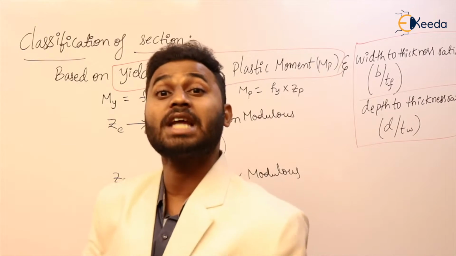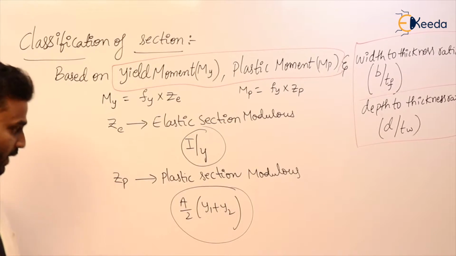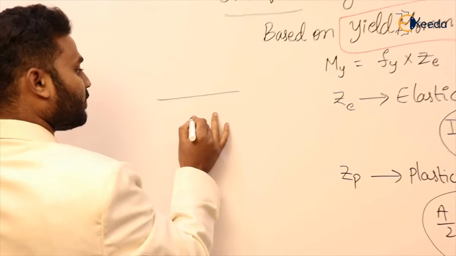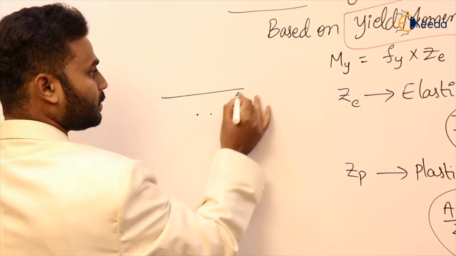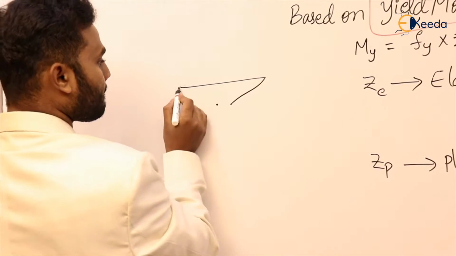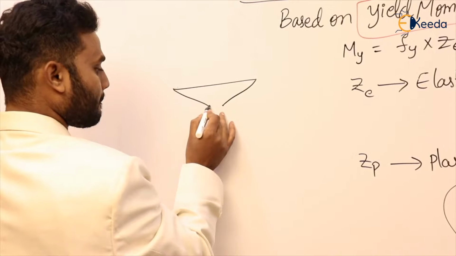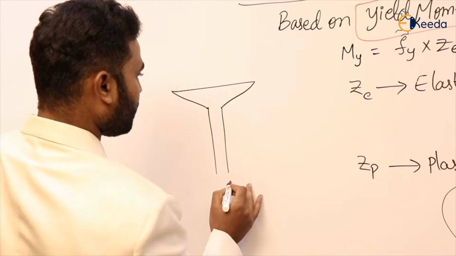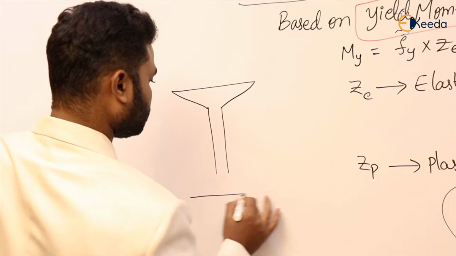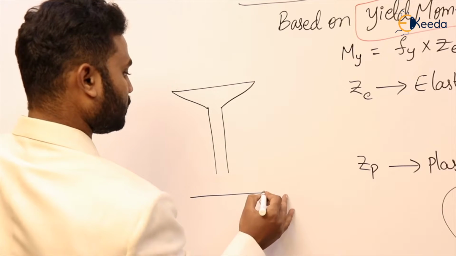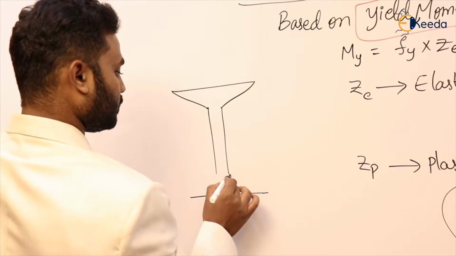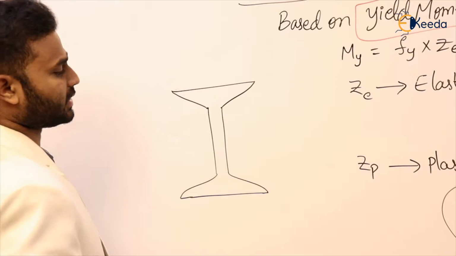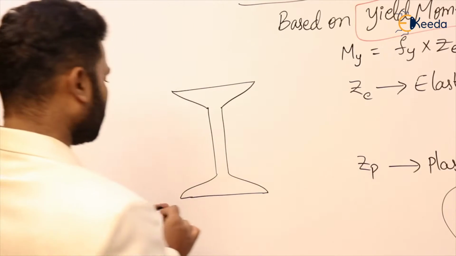So take one standard rolled steel section, that is obviously an I section.